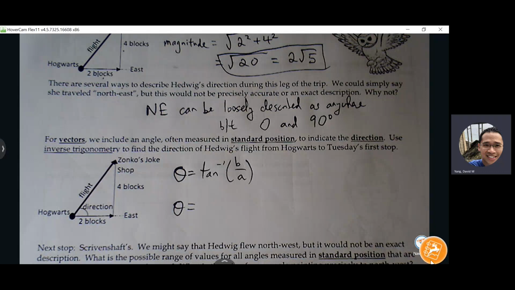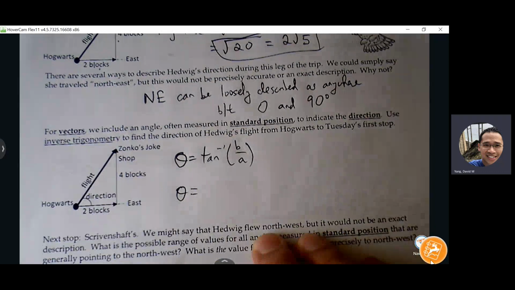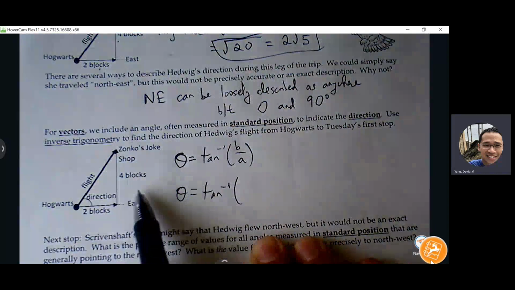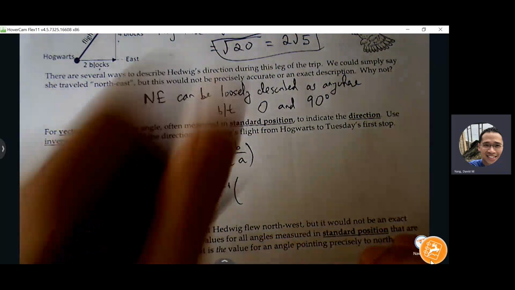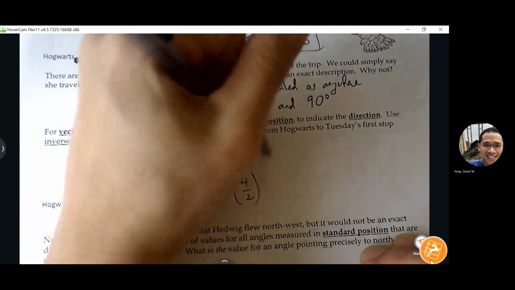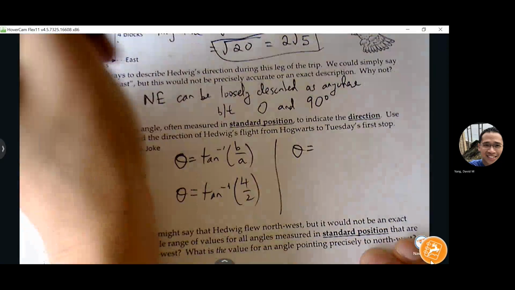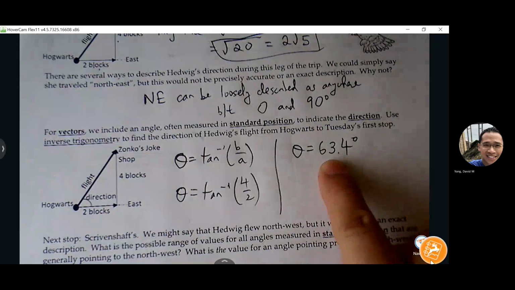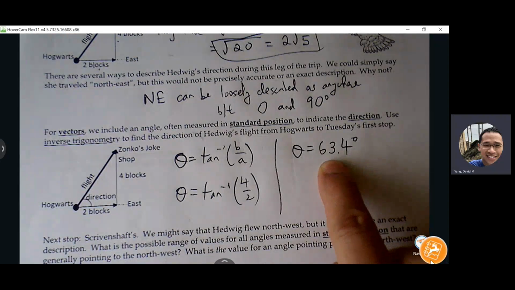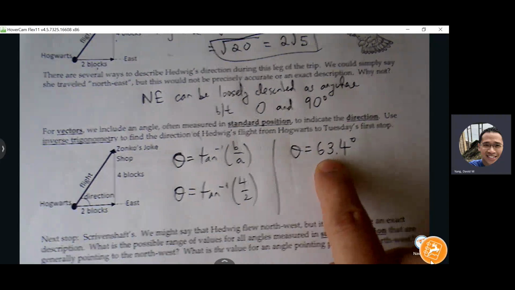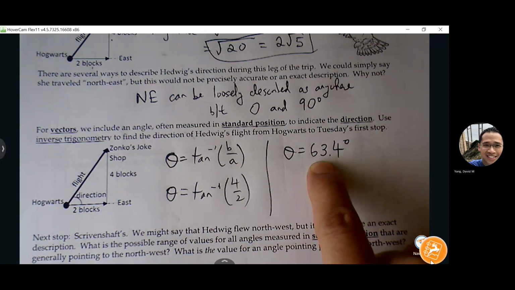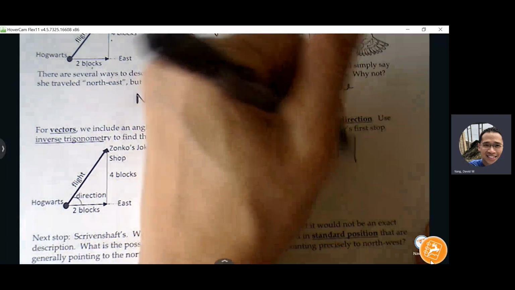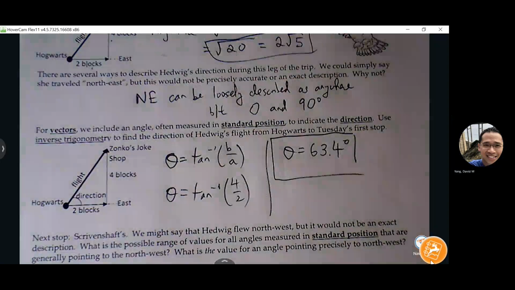But we practiced that yesterday, and we're just doing the same thing today. Okay, B over A, so 4 over 2. My calculator gave me 63.4 degrees. Can I keep it, or do I need to make an adjustment? Keep it, right? First quadrant. This vector is pointing the first quadrant, so there's no changes that needs to be made.